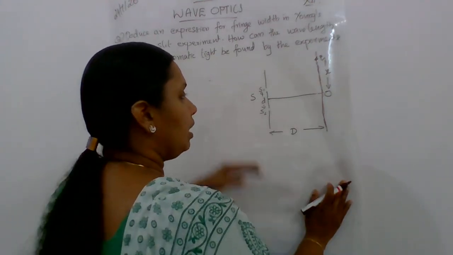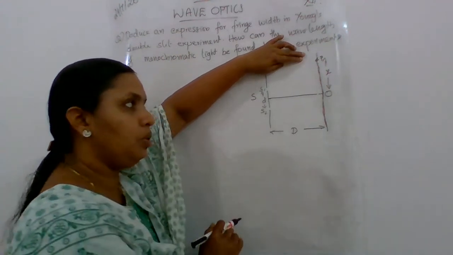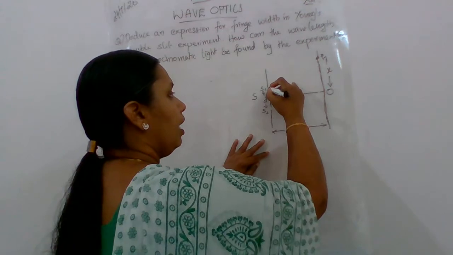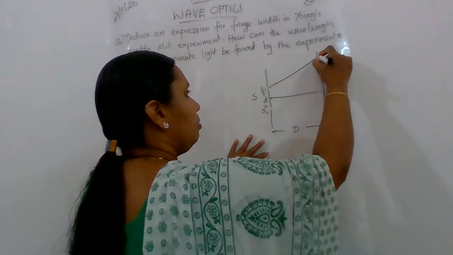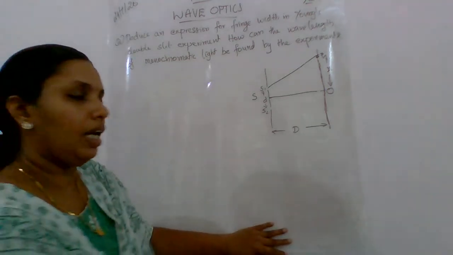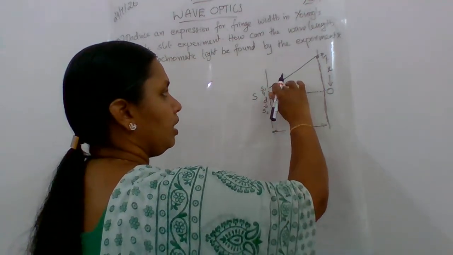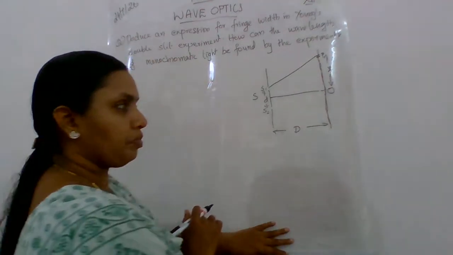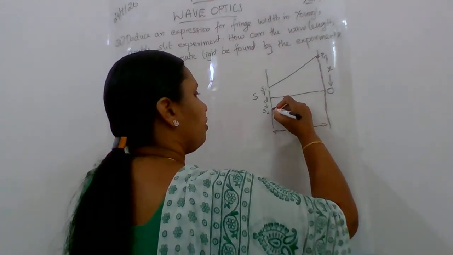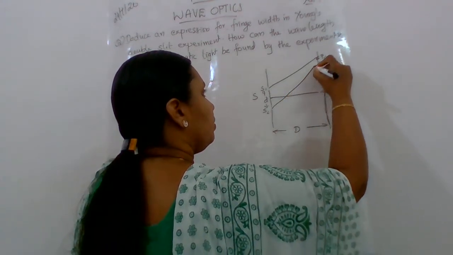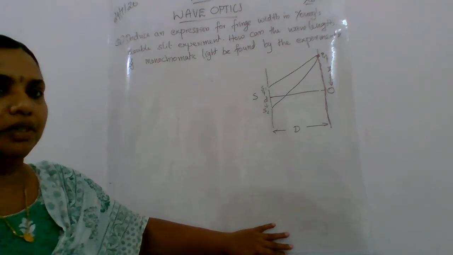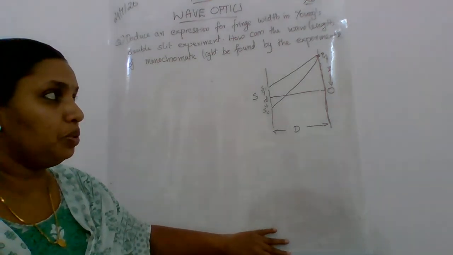Okay, so what is the condition for that? That is what we are going to derive. From S1 to P, this is the distance travelled by the wave. So S1P is the distance travelled by the wavefront from S1 to P. And at the same time from S2 also the wavefront is propagating, moving towards P and reaches P. So what is the distance travelled by those wavelets from S2 to reach P?